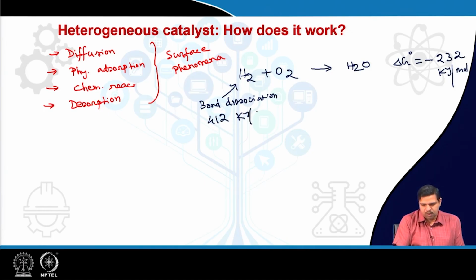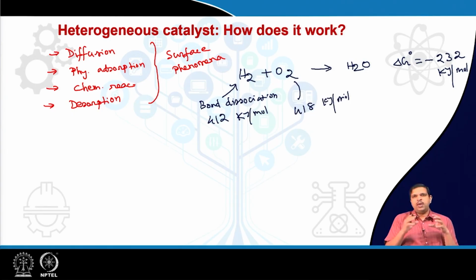This is 412 kilojoule per mole, and this is 418 kilojoule per mole, very similar. So, if you keep H2 and O2 in a sealed glass container, you will see nothing happens, there is no reaction at all, but theoretically this reaction is feasible, because the delta G0 is quite negative, minus 232 kilojoule per mole.